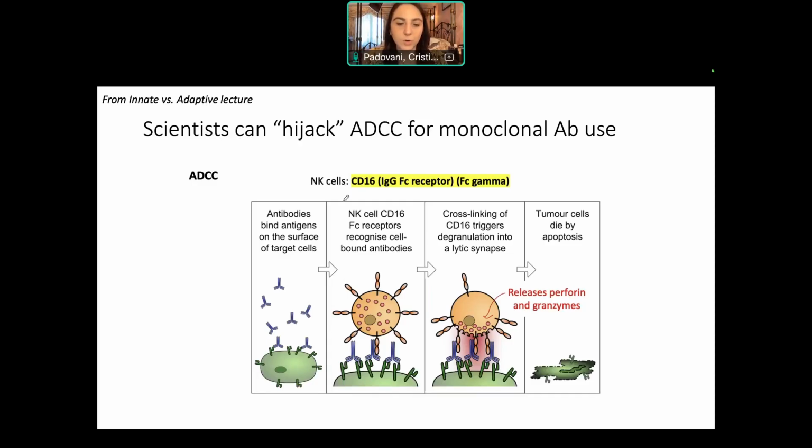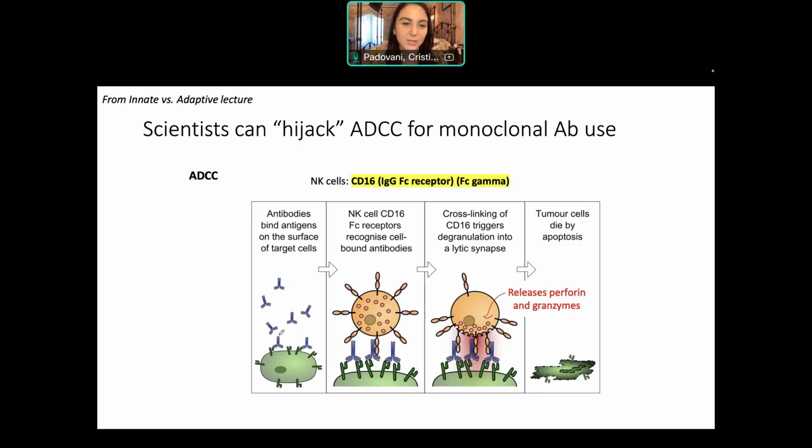If we review this very quickly, remember NK cells have CD16, which is an IgG Fc receptor, so Fc gamma. It has CD16 on its surface, which recognizes the Fc portion of an IgG antibody. Let's say antibodies will bind antigens on the surface of target cells.